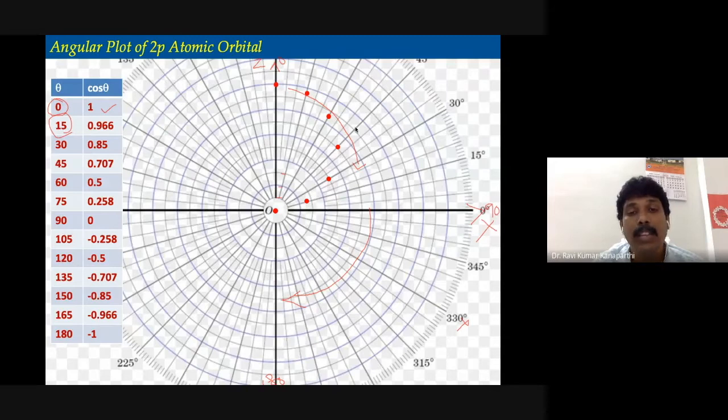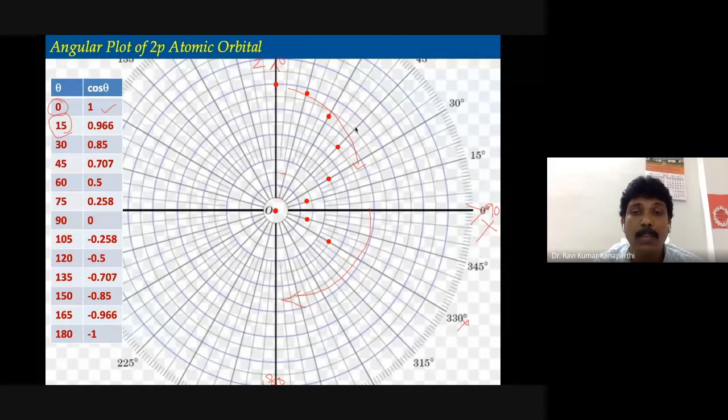Now you can continue this discussion, and the next one is 105. At 105 we have minus 0.258. You can just take it as 0.26 magnitude only, forget about the negative sign, and then you mark it and proceed further.